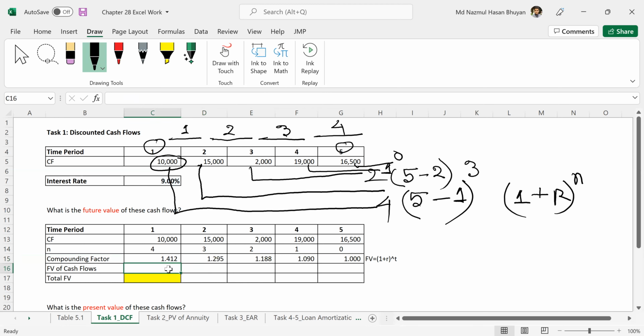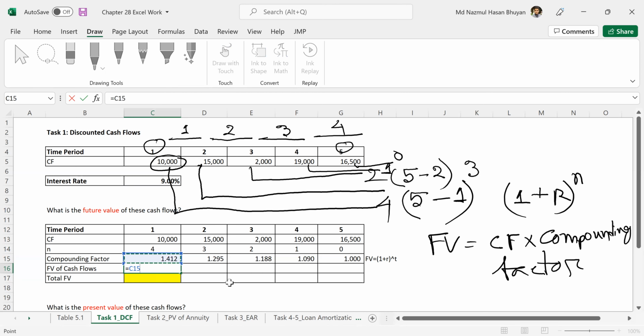All right. Now we are going to calculate the future value of each of these cash flows individually. And the future value here is your cash flow times compounding factor. Right? Okay.